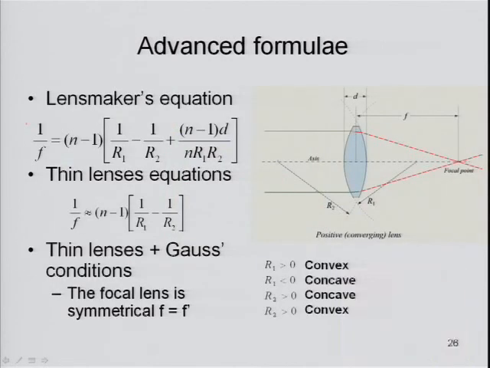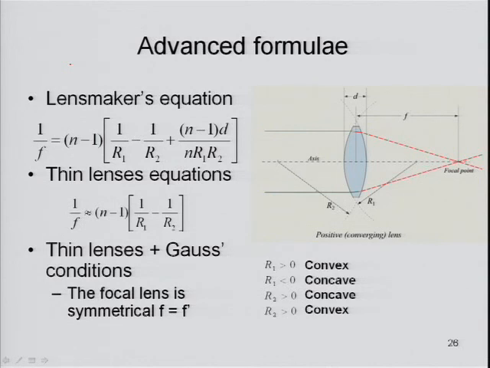So if I go a little more into details about real lenses, the focal length depends upon the radius of curvature of the first diopter, the radius of curvature of the second diopter, as well as the thickness of the lens.